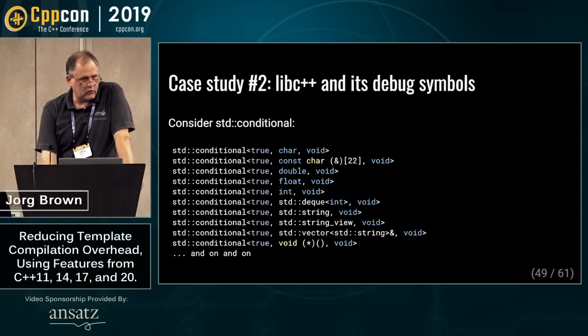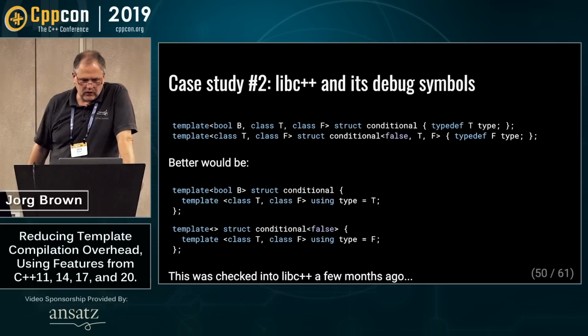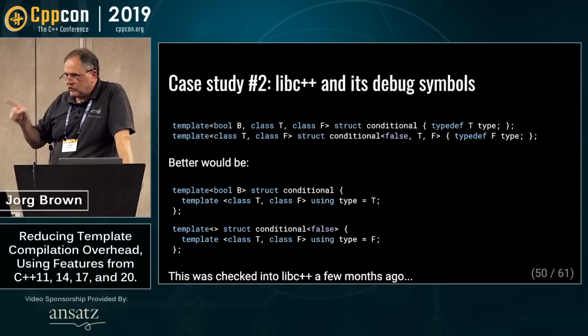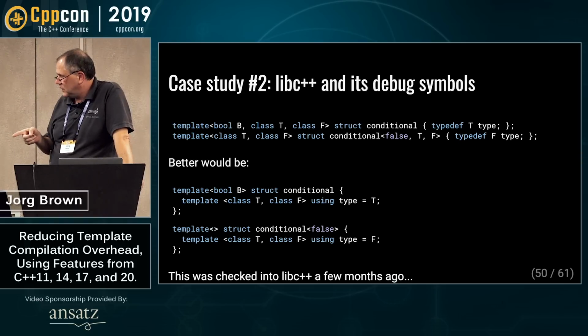So how can we fix this? Turns out, rather than templating conditional on all three at the same time, we could template conditional on just one. And then inside of that struct, we use a using declaration to pick out which of the other two classes we actually want.